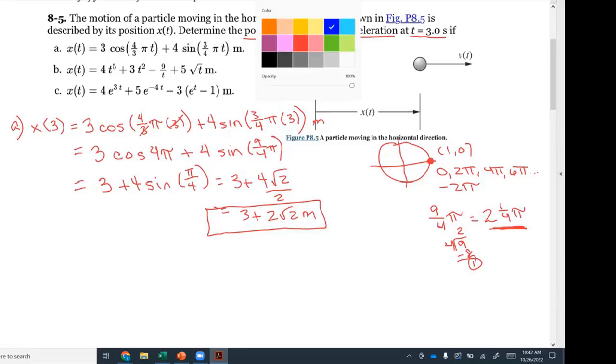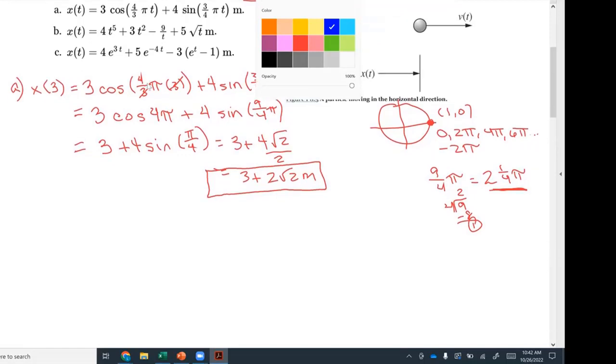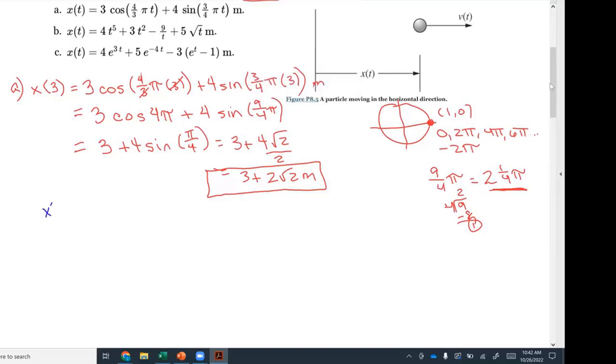Then I want to take the derivative of x of t. So x prime of t is going to equal 3 times, the derivative of cosine is negative sine of 4/3 pi t, times the derivative of this, which gives me 4/3 pi.